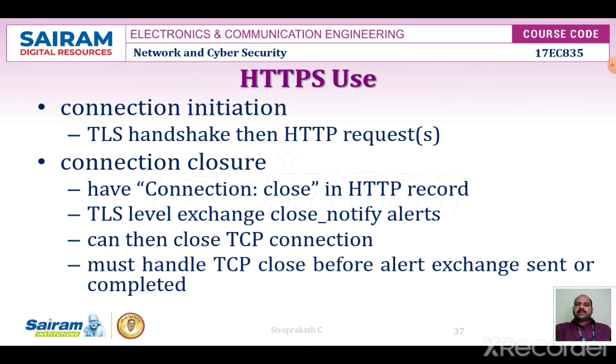The HTTP client also must be able to cope with a situation in which the underlying TCP connection is terminated without a prior close notify alert and without a connection close indicator. Such a situation would be due to a programming error on the server or a communication error that causes the TCP connection to drop.